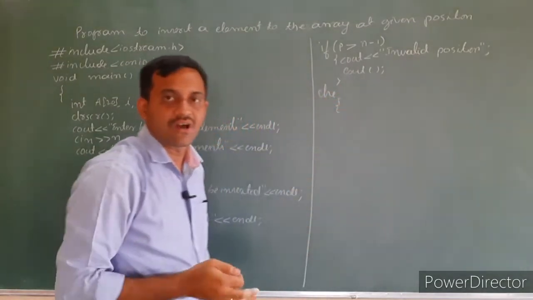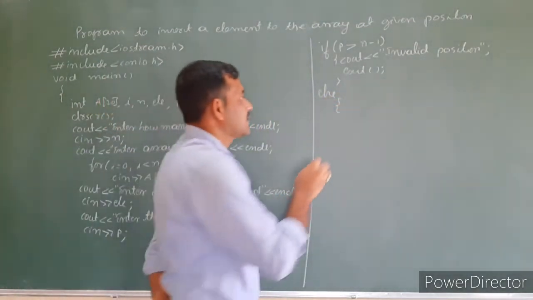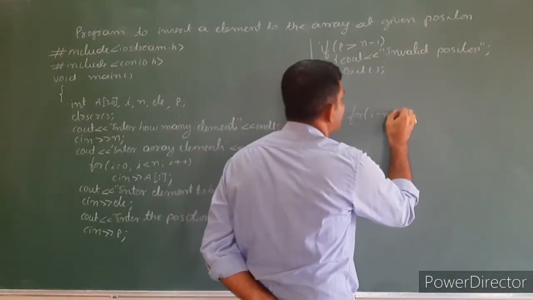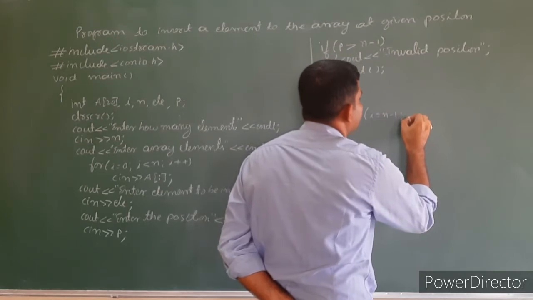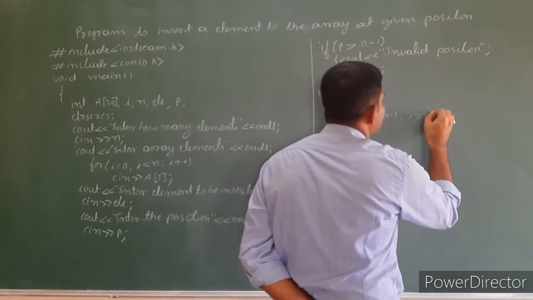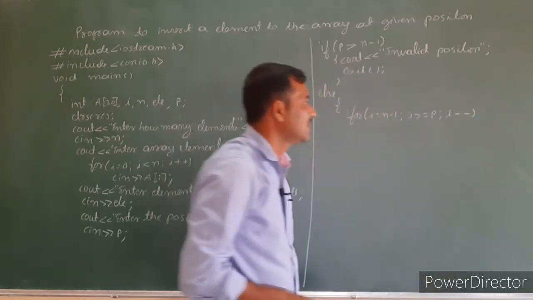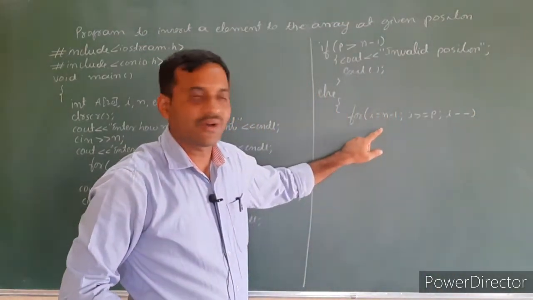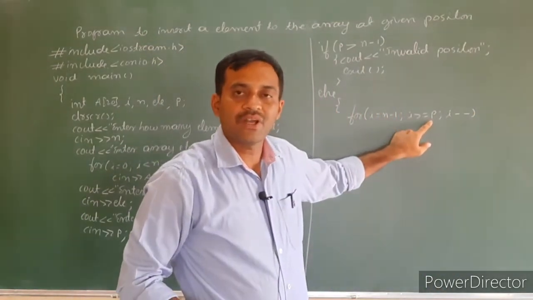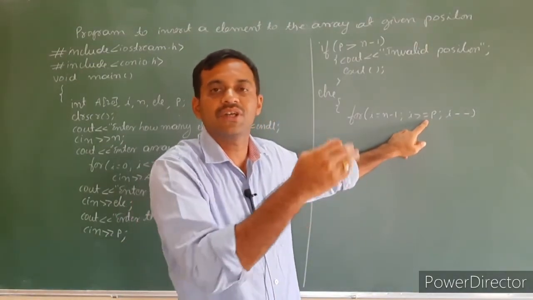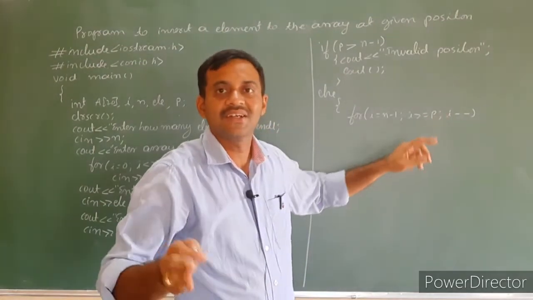insert our algorithm. So in the algorithm we initialize for i equals n minus 1, i is greater than or equal to p, i minus minus. See the condition. i starts with n minus 1, i is greater than or equal to p. We have to move down to the given position. i is decremented.